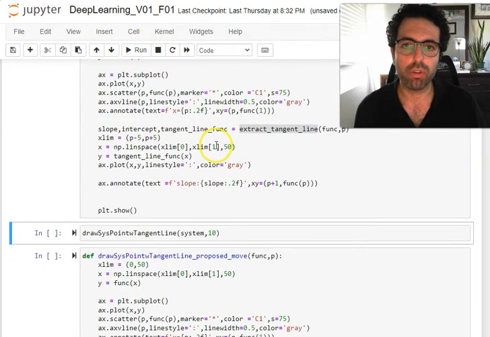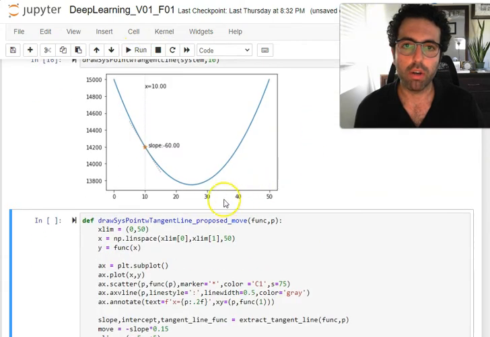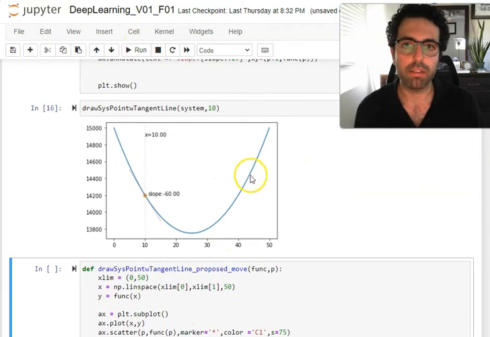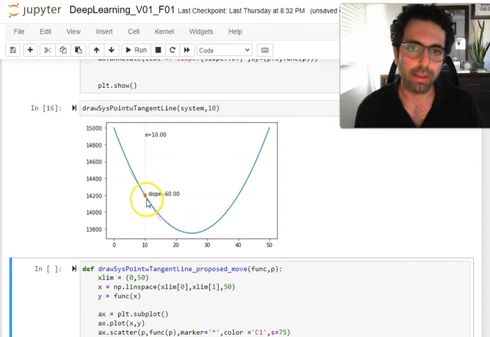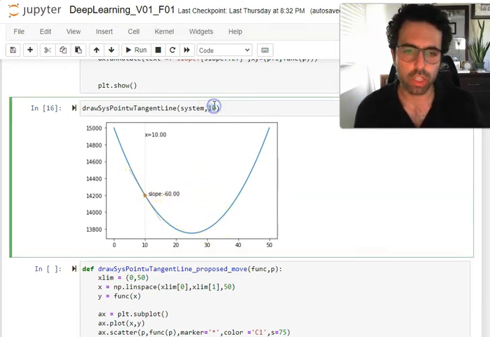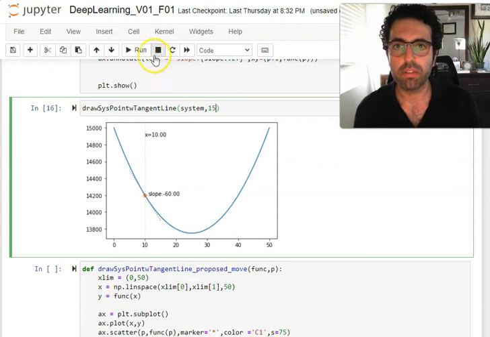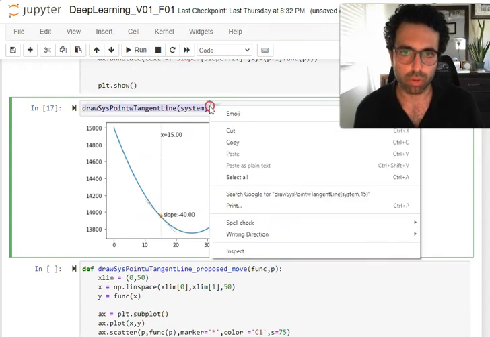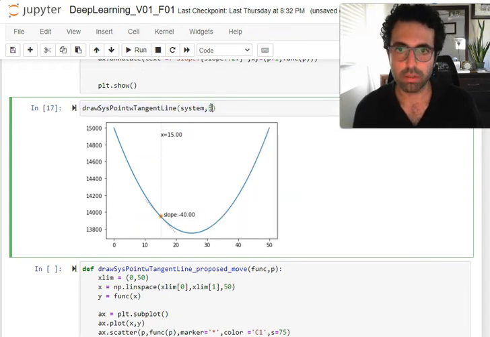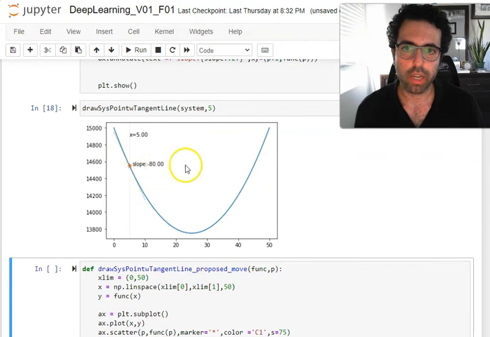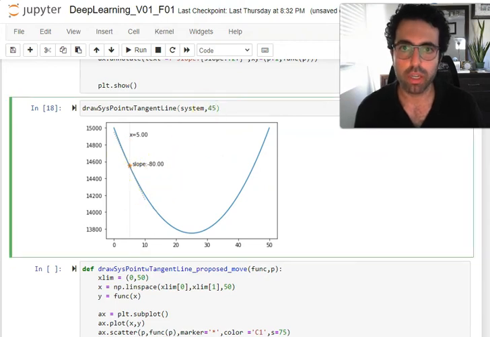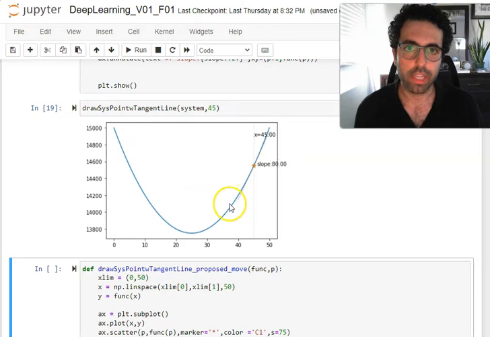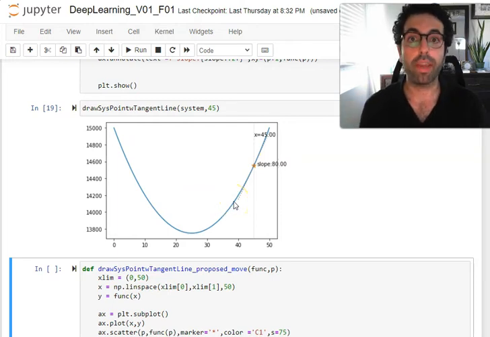So that's going to be helpful for us to understand our gradient descent method, right? So that's that line, right? Based on that simple calculation, we're able to calculate this tangent line, right? So we can change this to 15, for instance, and it changes there, and you can see the tangent line. Or we can change it to 5, right? The tangent line moves with that. We can change it to 40. Do you see we've got that tangent line? So here's the whole thing right now, right?